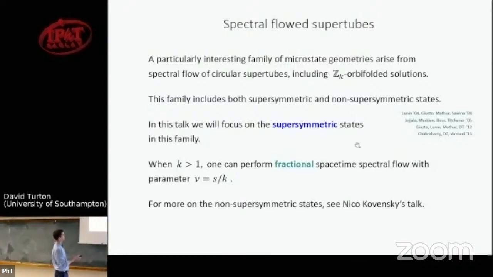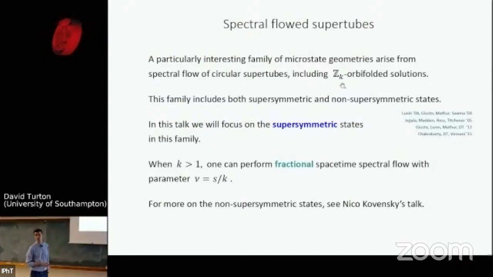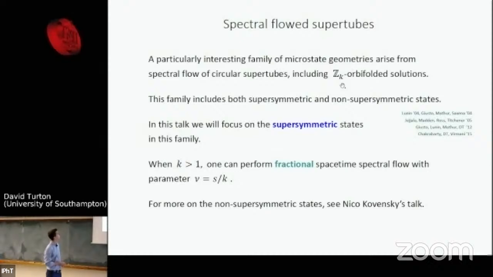So these Z_k orbifolded solutions are particularly interesting for what I'm going to do next. By using space-time spectral flow, we can generate solutions with this as seed, which are three-charge and either BPS or non-BPS. And in this talk, I'm going to focus on the supersymmetric states within this family.